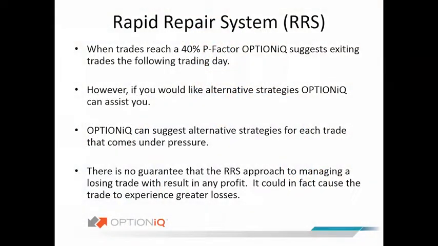The next concept I'd like to discuss is known as the Rapid Repair System, also known as RRS. When trades reach a 40% probability factor, and you realize that now it's time to begin exiting, Option IQ would say that's the best decision. We believe that getting out of a losing trade is really the most conservative choice.